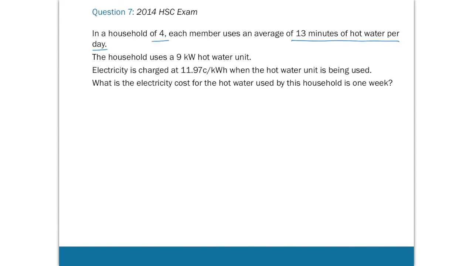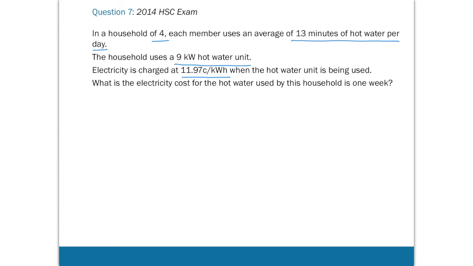There's 4 of them in this household. The household uses a 9 kilowatt hot water unit. Electricity is charged at 11.97 cents per kilowatt hour when the hot water unit is being used. What is the electricity cost for the hot water used by this household in 1 week?